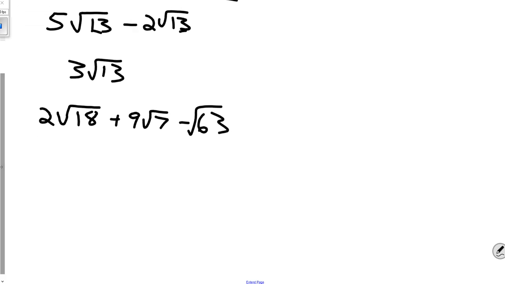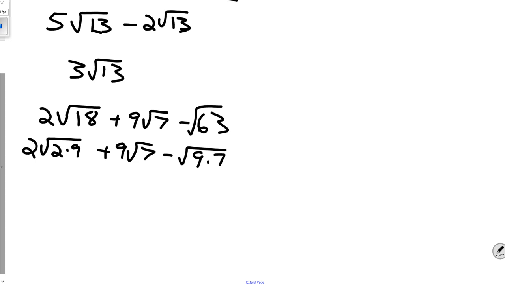So I'll take my time and I'll show all my work here. So 18 is just 2 times 9. 7 is a prime number, so there's nothing to be done there. 63 is 9 times 7. So remember now, when you simplify these, like for this one here, what's the square root of 9? Yeah, so you bring the 3 out front, leave the 7 underneath. This one, nothing can be done.